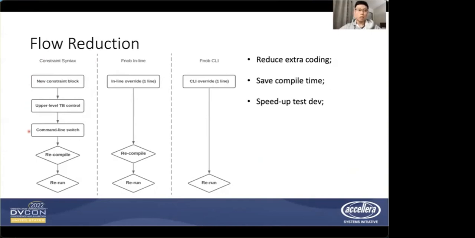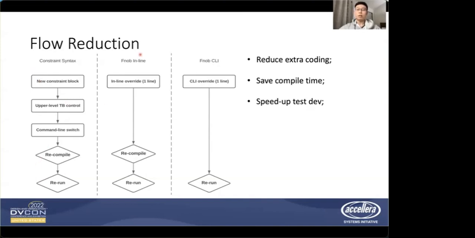And then we probably need a command line switch to toggle different things. And because of the new coding we added, we need to recompile and then rerun to get what we need. So this involves tons of coding as well as tons of turnaround time.